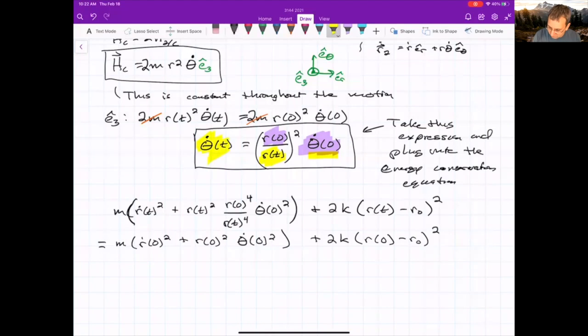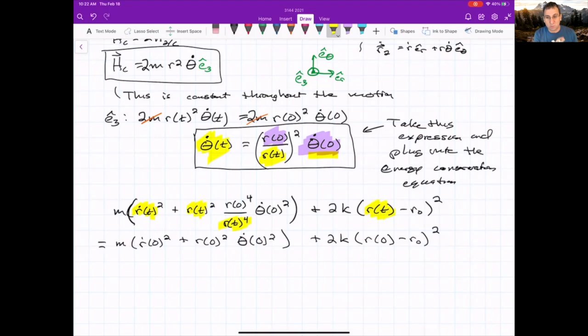And now what is the only thing that changes with time? In some sense, I've eliminated theta. The expression never had theta, only theta dot. So I've got R, R, R, R dot. Those are the only things that change in time.